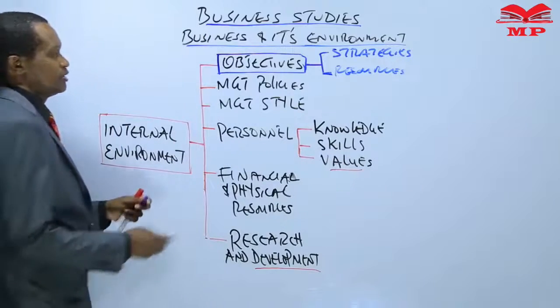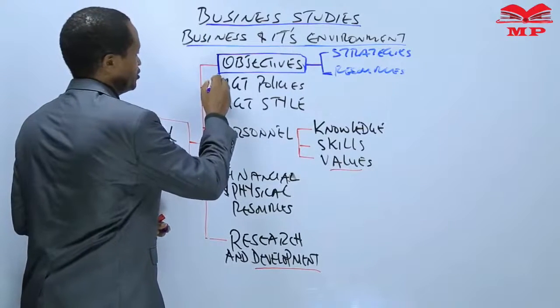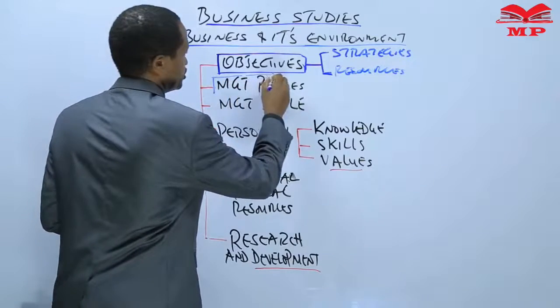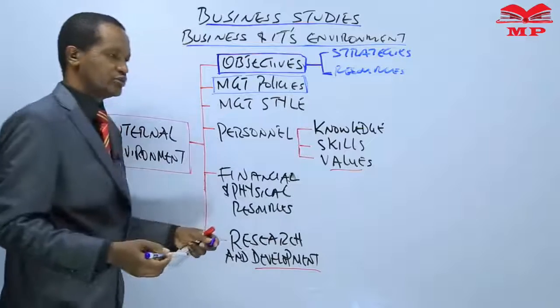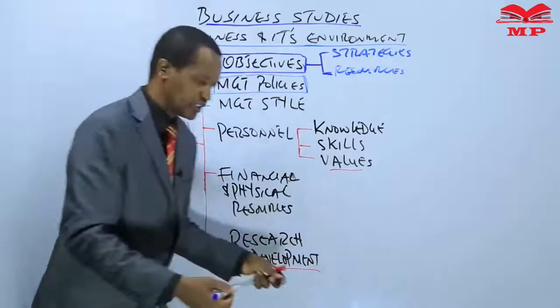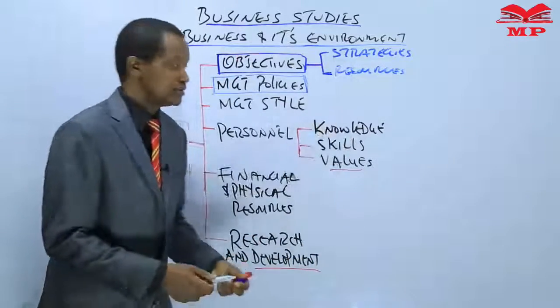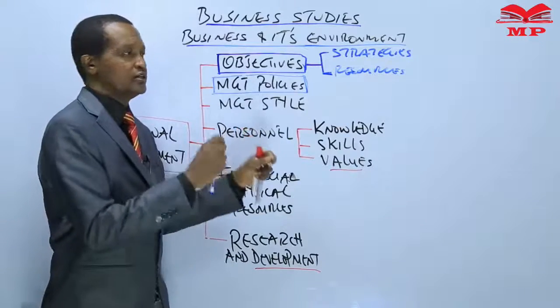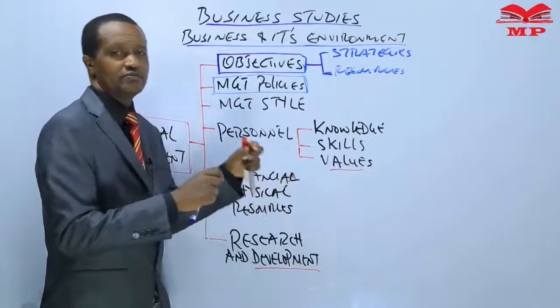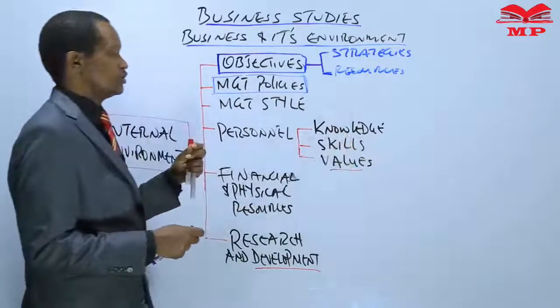The management has to come up with guidelines on how the business is going to operate. And these guidelines may be in relation to the relationship between the company and the owners. Yeah, it could be policies, like policies concerning payment of dividends and so on.